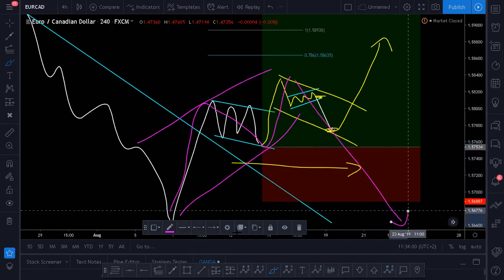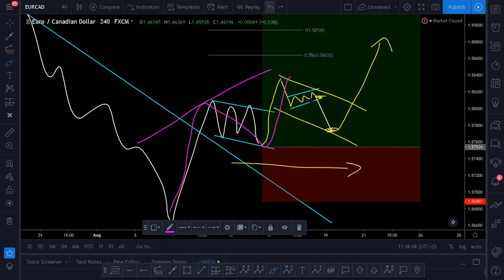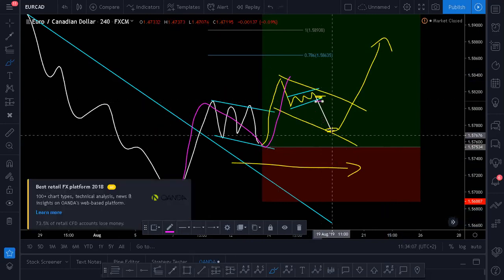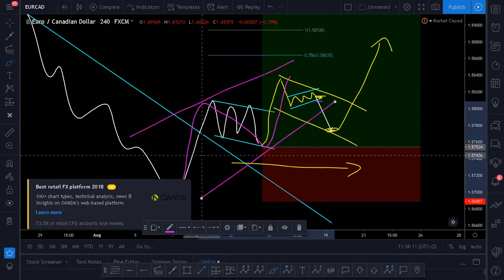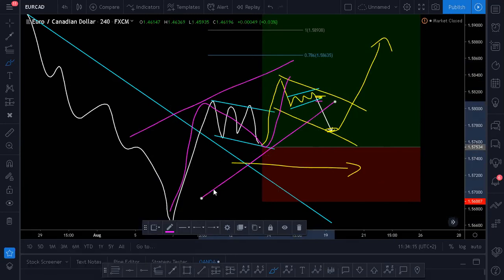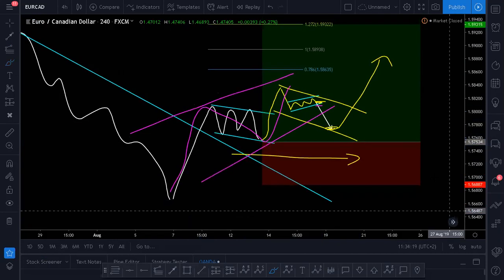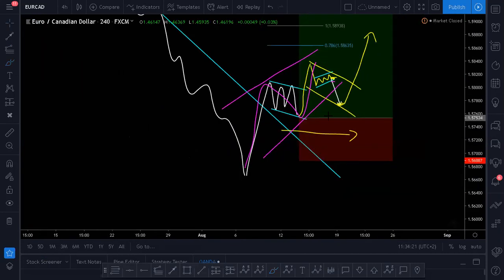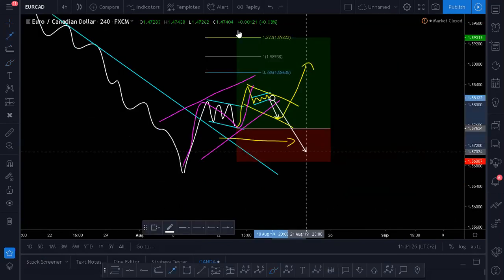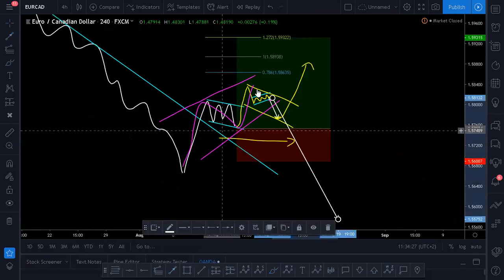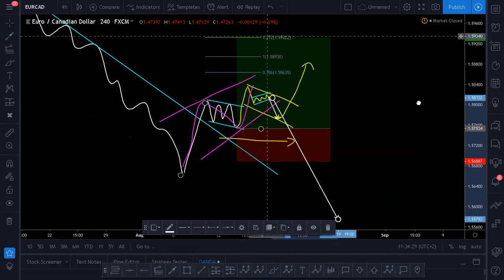Okay, so if it was doing that, it means you can hold this trade. You can get an early entry just in case we are wrong on this bigger move. You can get an early entry to the downside and catch more profits on this structure like this than you were gonna catch on this buy trade.